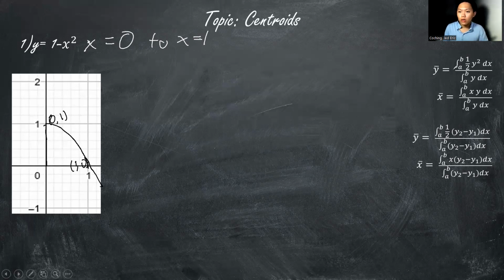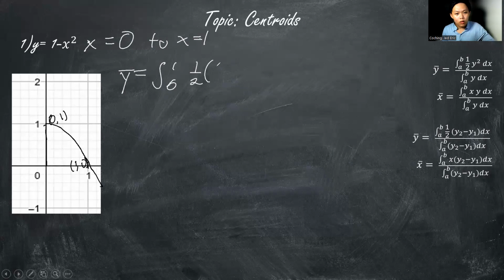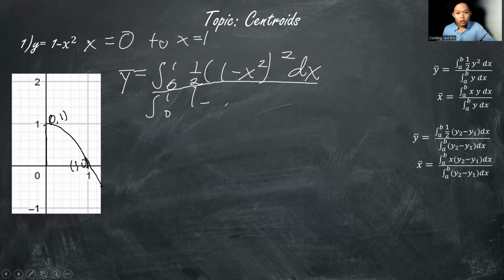And we already have y here, so the centroid of y is equal to the integral from 0 to 1 of 1/2 times (1 minus x squared) dx, divided by the integral from 0 to 1 of (1 minus x squared) dx.